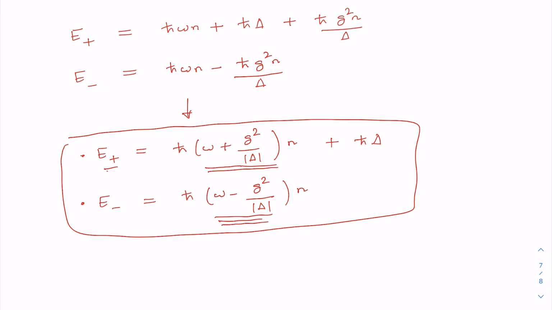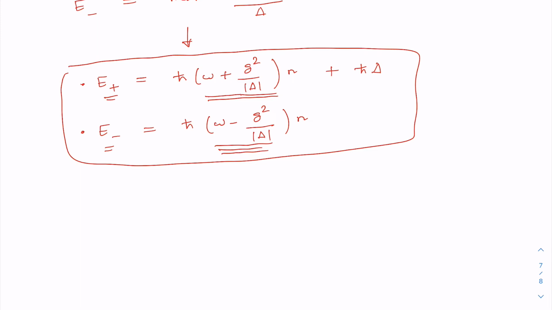As you know, E plus refers to the case when the atom is in the excited state, while E minus refers to the case when the atom is in the ground state. Let us recall that when we discussed the case z equal to 0, we had E plus equal to h cross omega n plus h cross delta, which we can write as h cross omega (n minus 1) plus h cross omega atom.